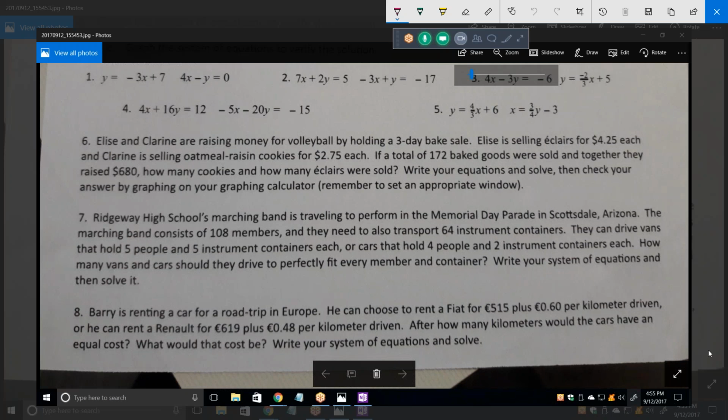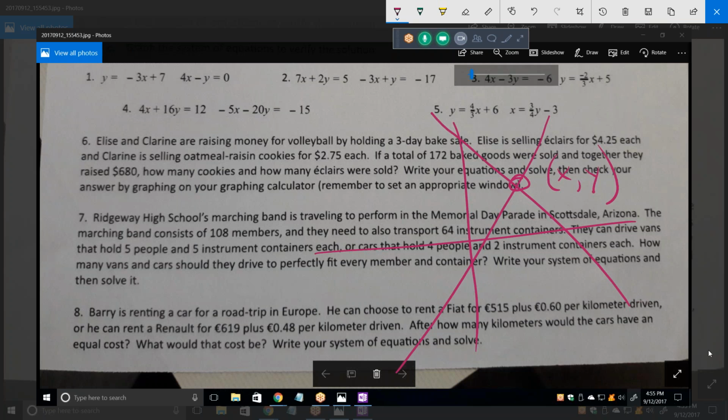I had two equations, both linear. Let's say one equation graphed like that, and the other equation graphed like that. Right there is your solution, whatever x and y value that is.